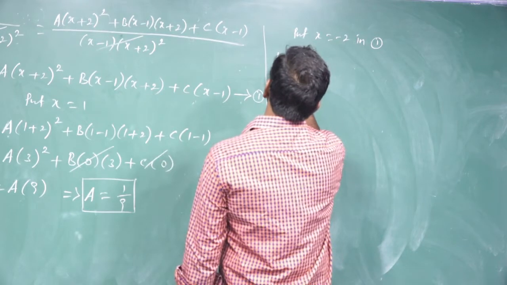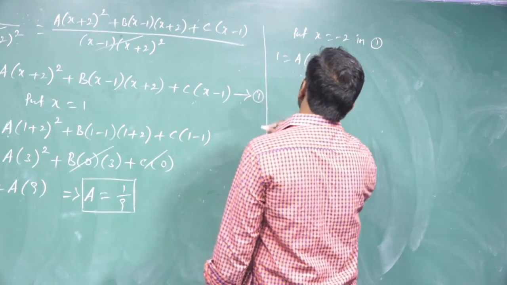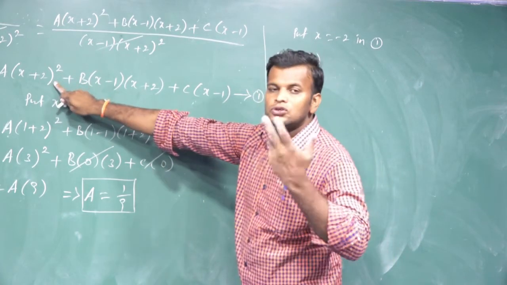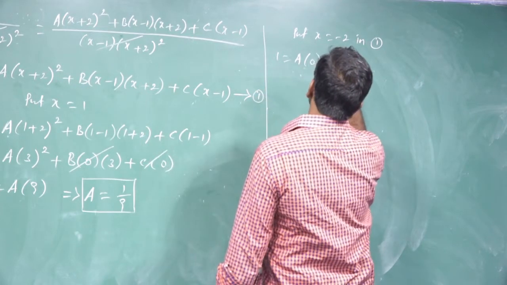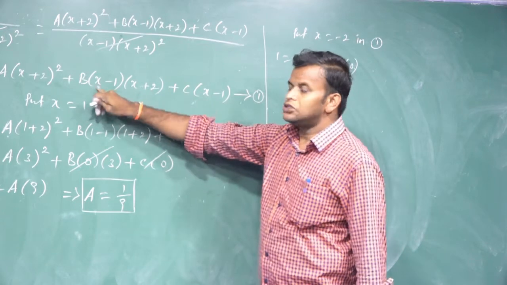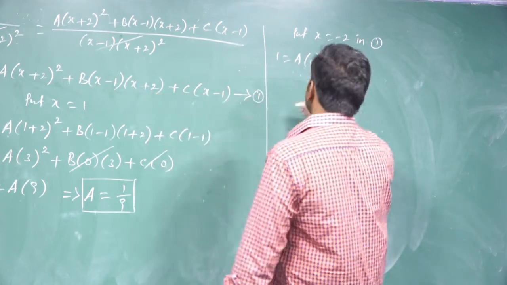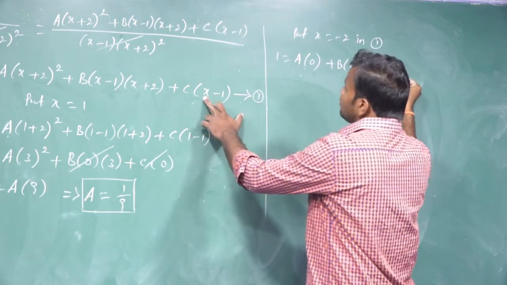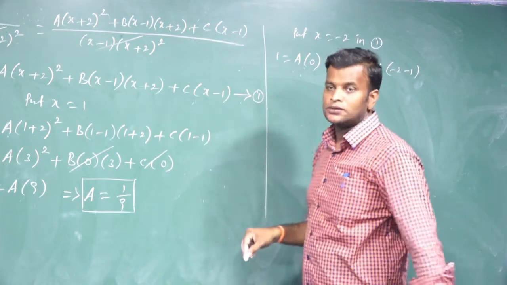So 1 is equal to a of, I directly write 0. Minus 2 plus 2 is 0. 0 square is 0. 0 is everything, always 0. Second time also I write b of 0. Why? Here minus 2 plus 2 is 0. Plus c of, the value of x is minus 2 minus 1.